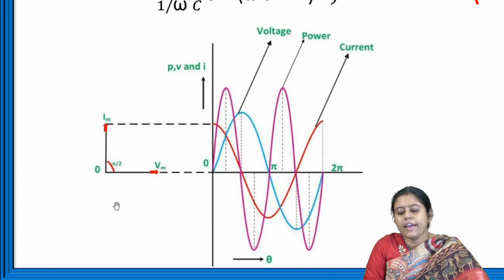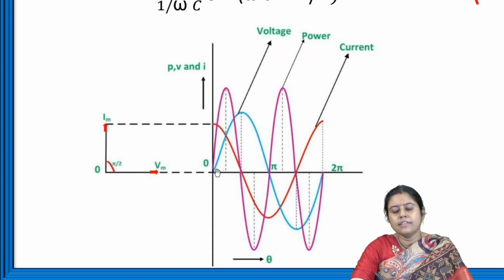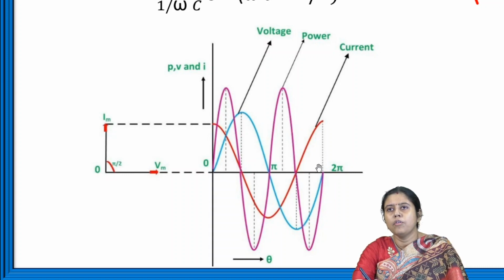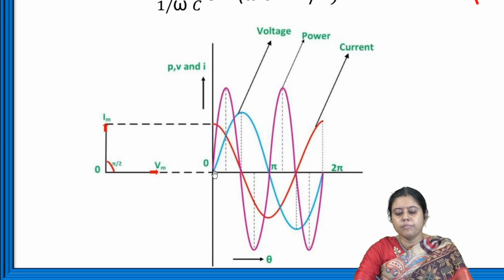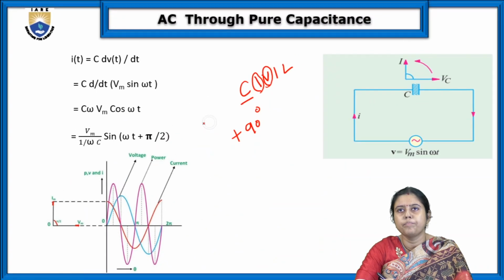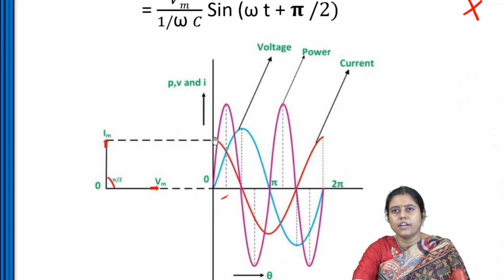If we make it bigger, we can see the blue one, a similar thing. The blue one starts from 0, and the current is always leading. When the voltage is 0, the current has already reached its peak.